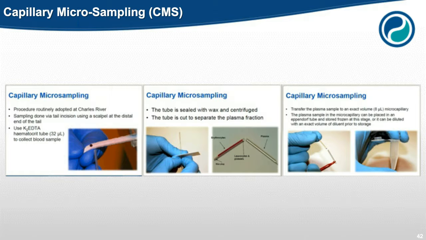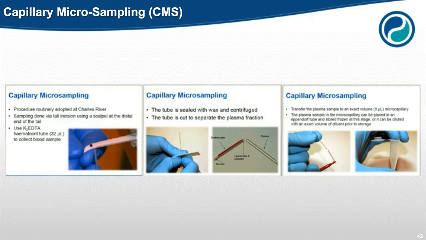So the technique I want to talk about is the capillary microsampling technique. Capillary microsampling is pretty much using a capillary to collect a blood sample and separate the plasma we need for bioanalysis. The first step, at each time point, is to punch the tail vein on the animal. I'll just use a mouse as an example.